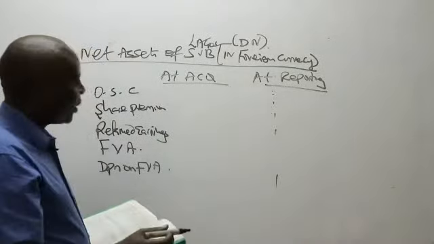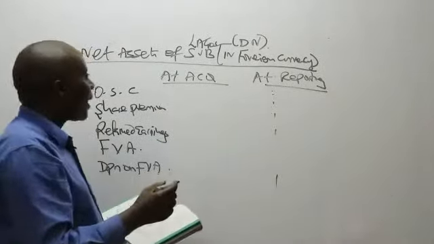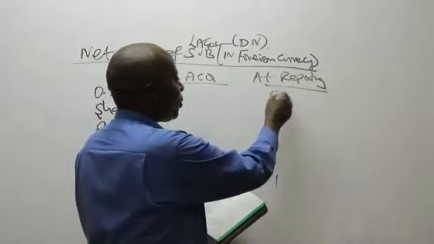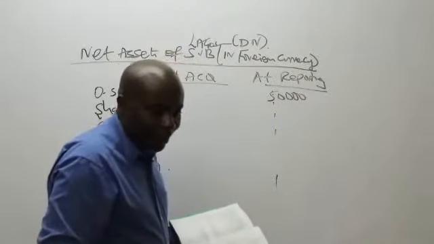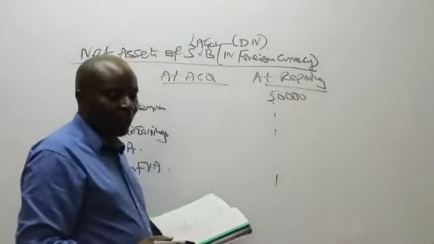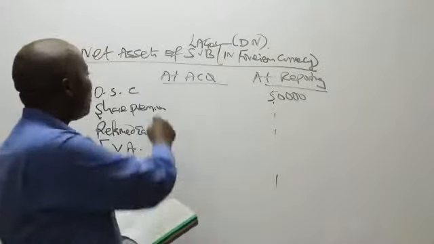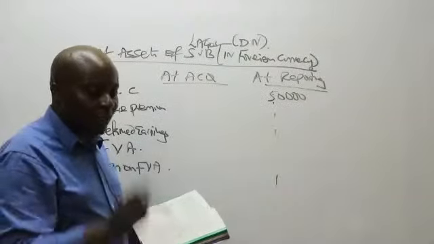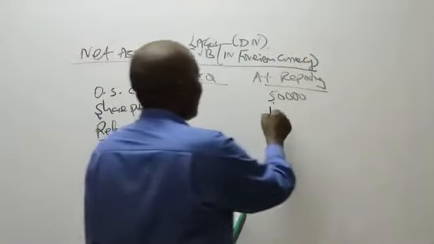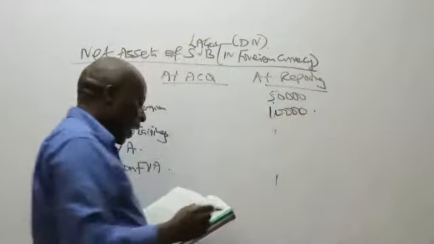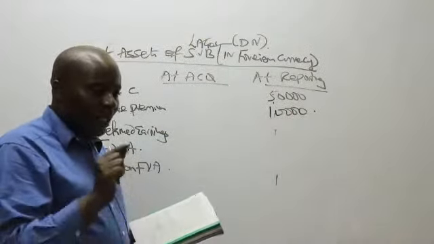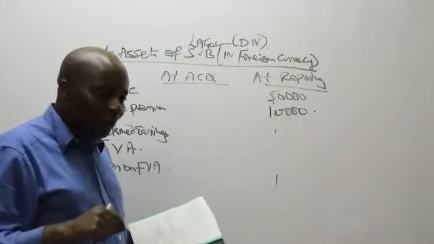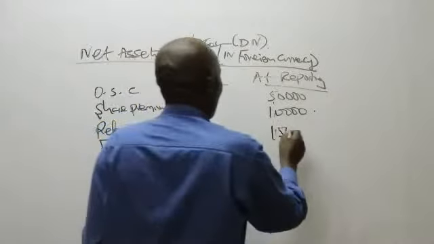For ordinary share capital of the company called Lagos, at reporting how much is it? Is there anybody who is able to see 50,000? How about share premium for Lagos? Thank you very much, Meshach. 10,000. Very good. Are you able to see the retained earnings for Lagos? 150,000.